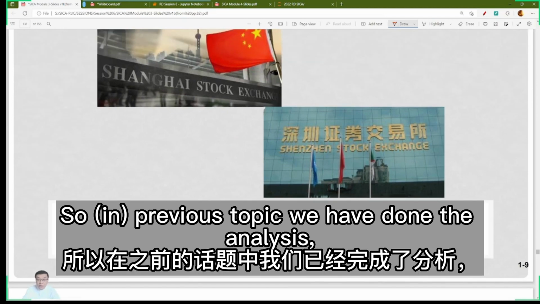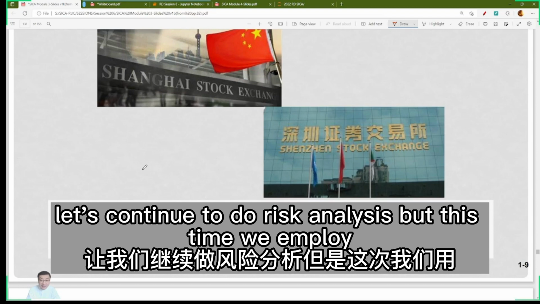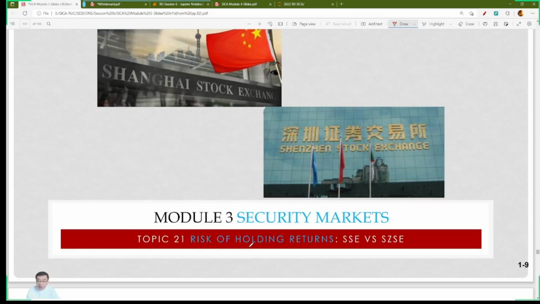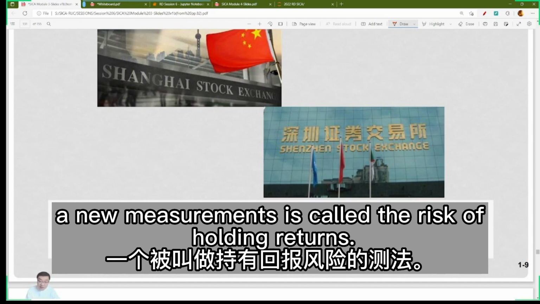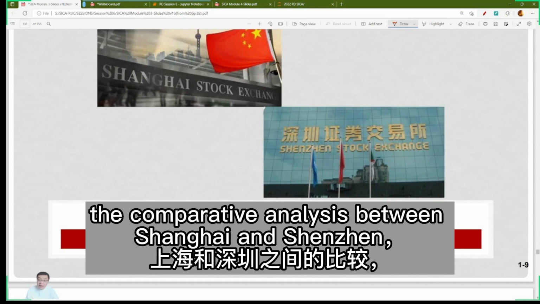So, in the previous topic, we have done the analysis by the measurement of periodic risk of return. Now, let's continue to do risk analysis, but this time we employ a new measurement. It's called the risk of holding returns. We still start from the comparative analysis between Shanghai and Shenzhen.